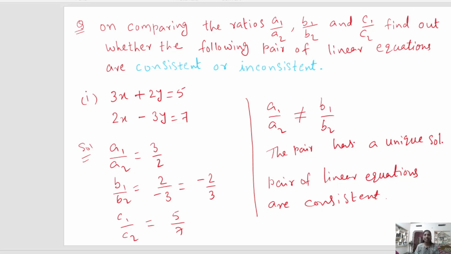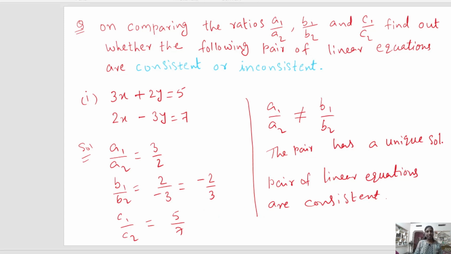If we get no solution, then the pair of linear equations are inconsistent. And if we find a1 by a2 is equal to b1 by b2 is equal to c1 by c2, then we can conclude that the pair of linear equations are consistent.